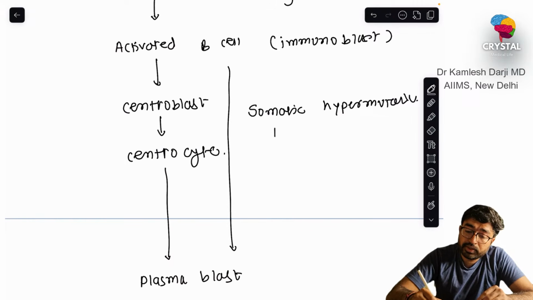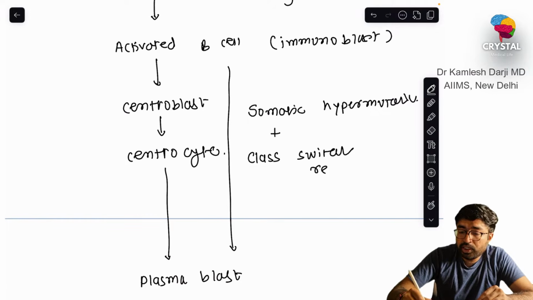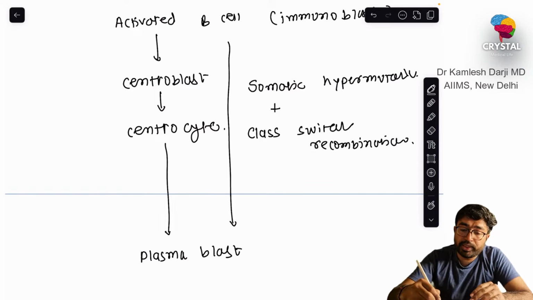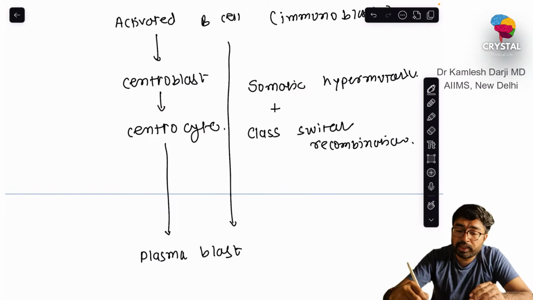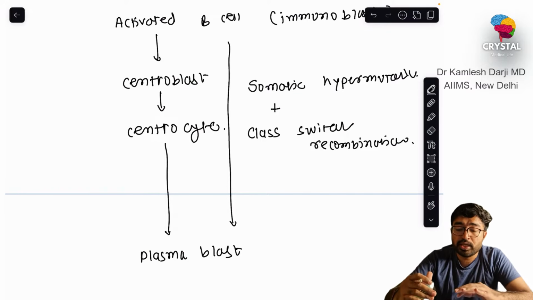Then another mechanism is class switch recombination. During this somatic hypermutation and class switching recombination, there are certain molecular changes and your plasma blast is now ready.